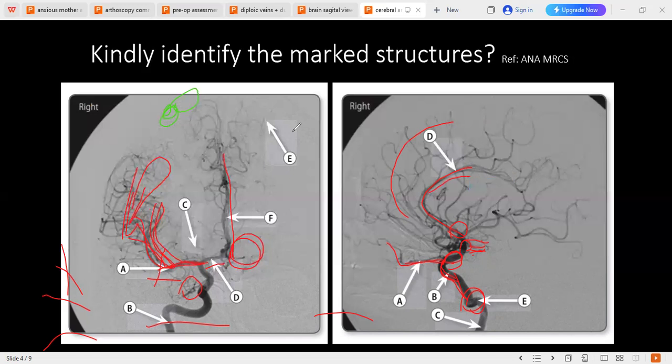And in some lateral angiograms, you can also see a frontopolar branch of the ACA here. And then we have two MCA branches, seen bilaterally just before the ACA goes above the corpus callosum.